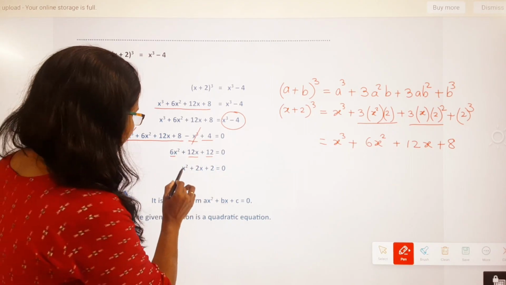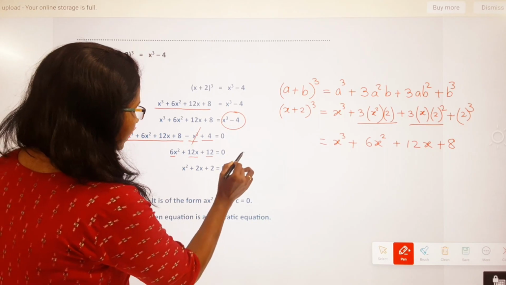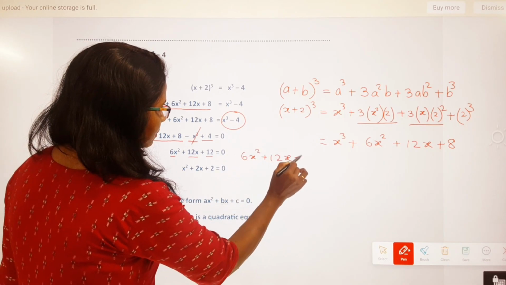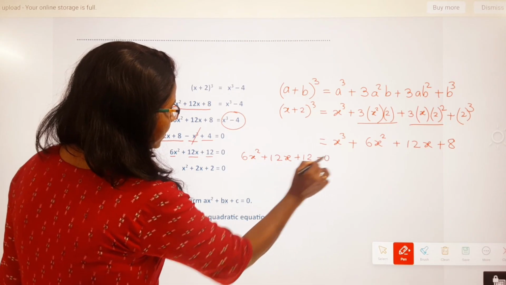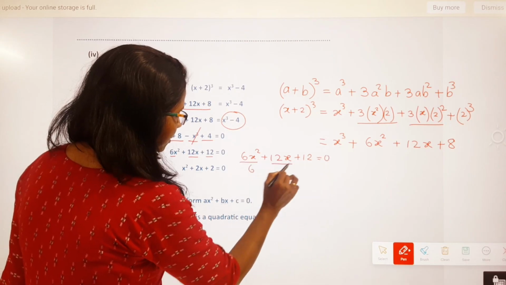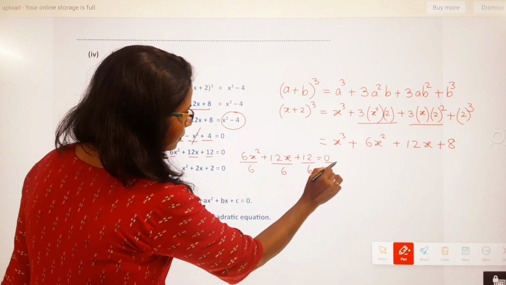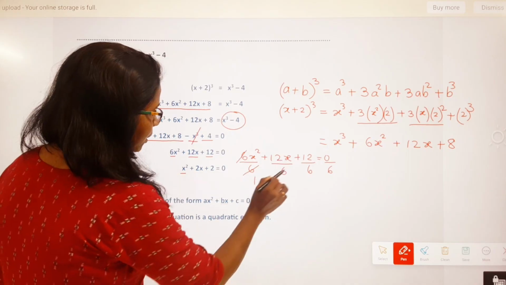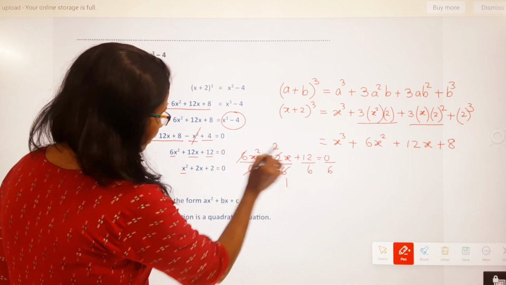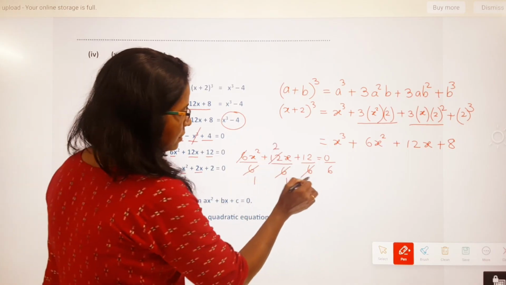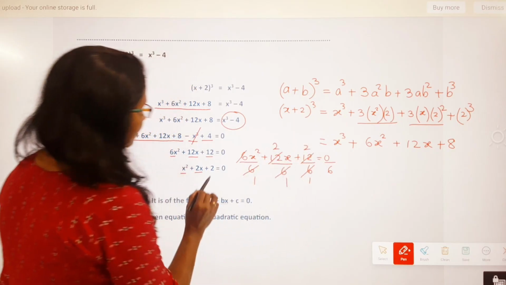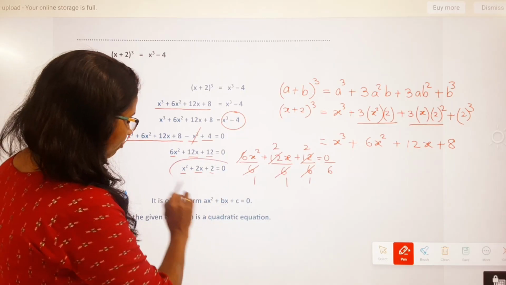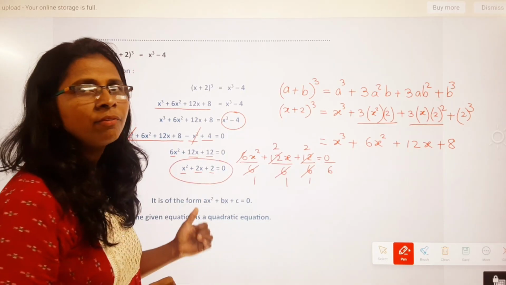Dividing both sides by 6, we get x square plus 2x plus 2, which is equal to 0. So finally we get this equation.